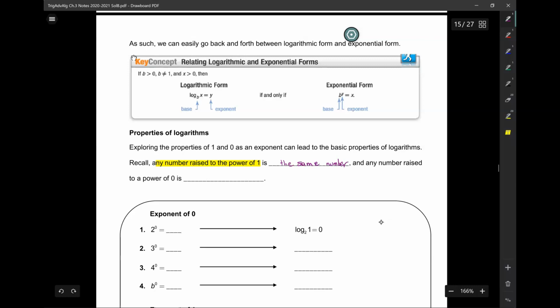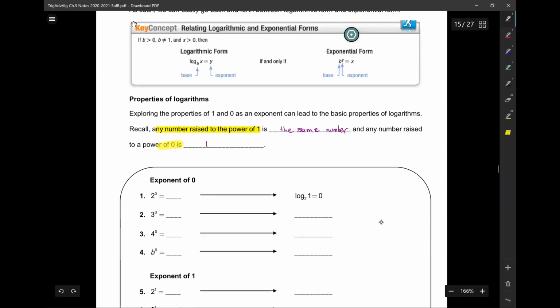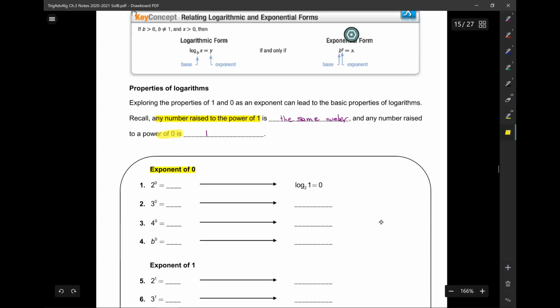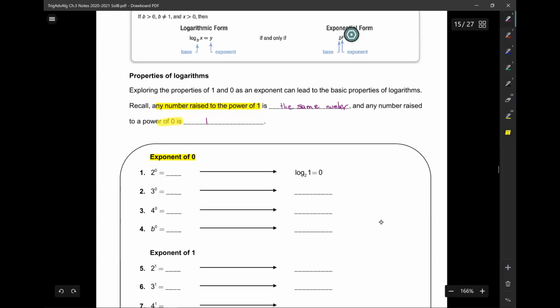And any number raised to the power of 0 is 1. Okay, so let's talk about an exponent of 0 first. What's 2 to the 0? 1.